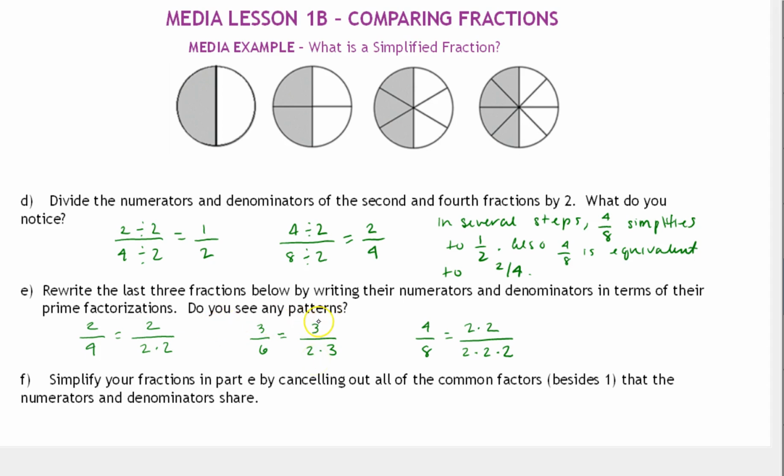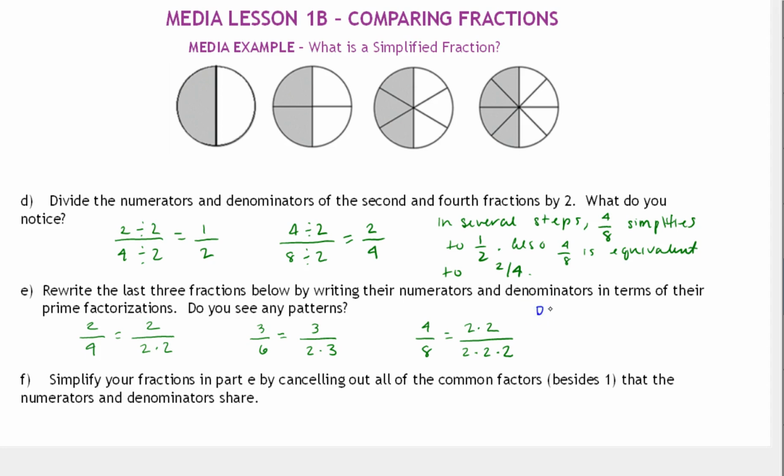And now let's look for patterns. Okay. So what I'm noticing is that for each fraction, the numbers on top, or in the numerator, match the numbers on bottom, except the numbers in the denominator each have one additional 2. One extra factor of 2.